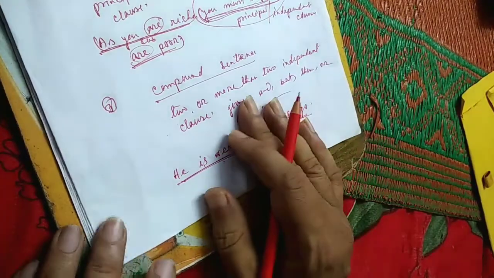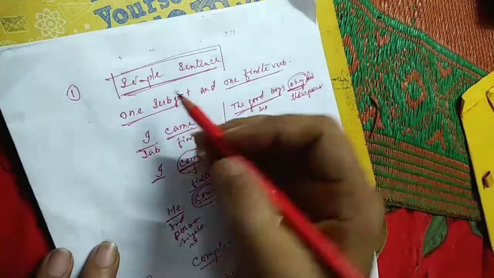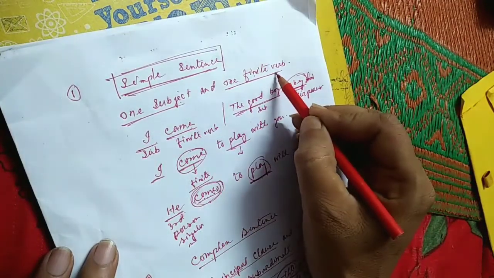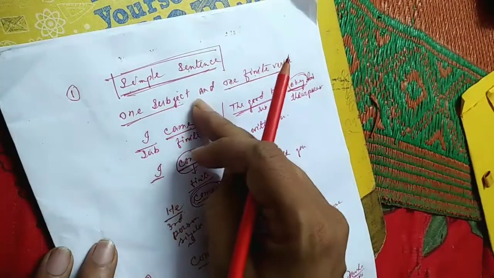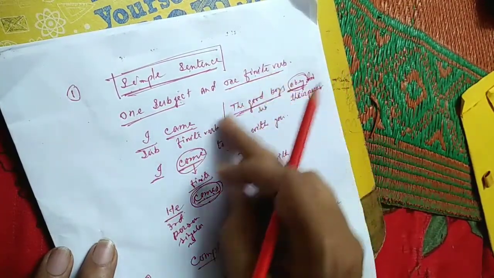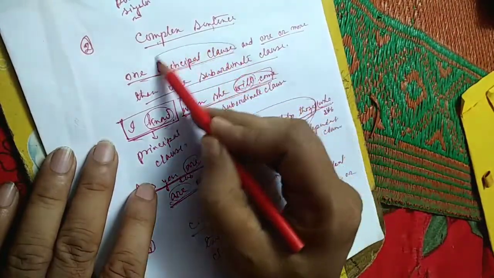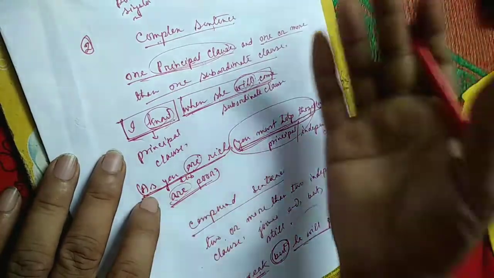Okay, so let's recap once more. A simple sentence contains one subject and one finite verb. In a complex sentence, one principal clause and one or more than one subordinate clause.